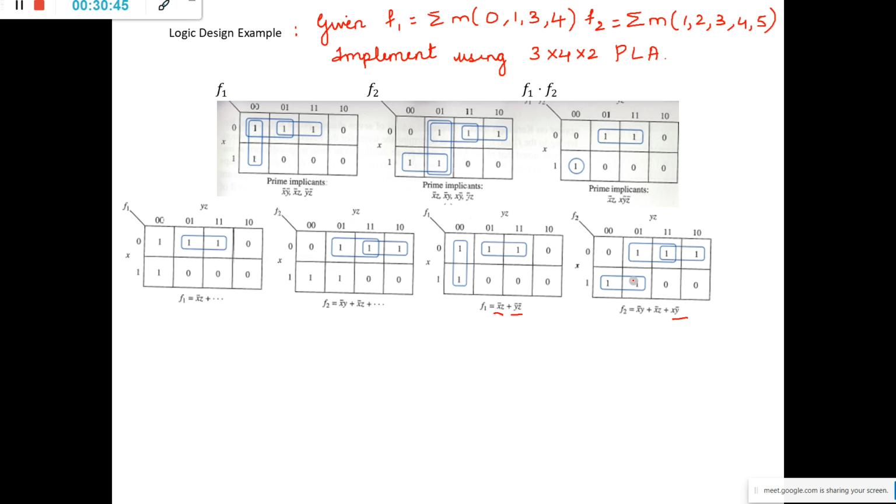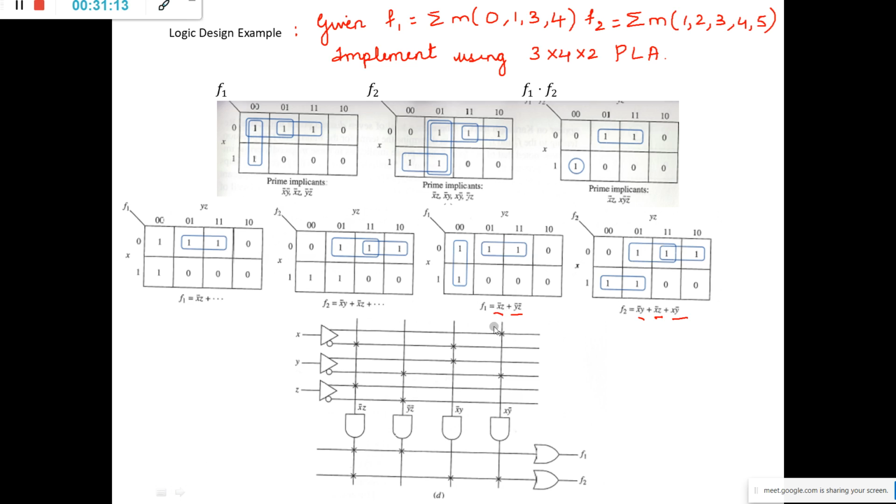Next, for this, what do we get? X bar Z. We have written here. Next, for this, what do we get? X bar Y. We have written here. So first you write the K map and then try to do the minimal sum for that. Try to write the minimal sum for F1 and F2.